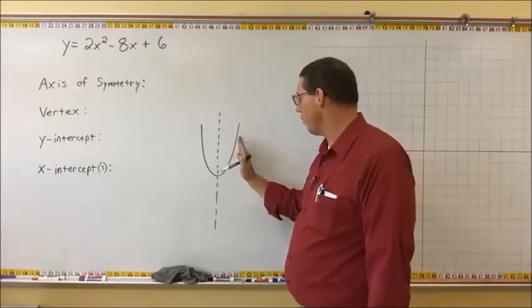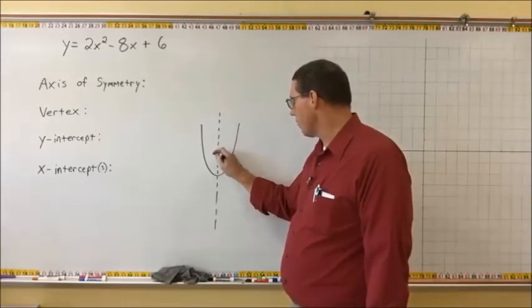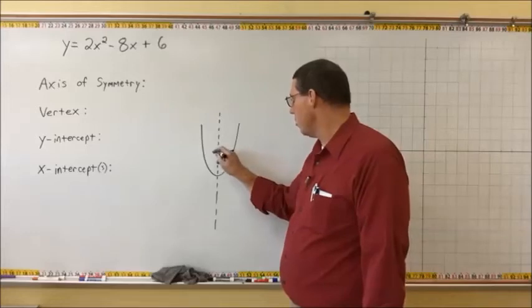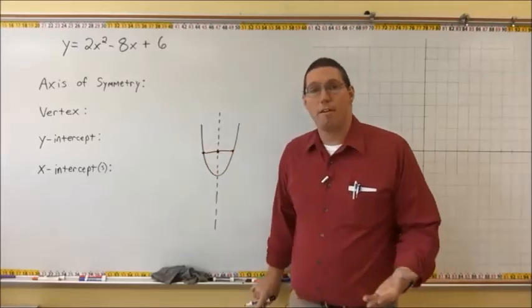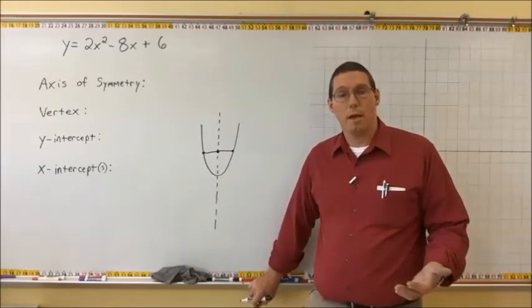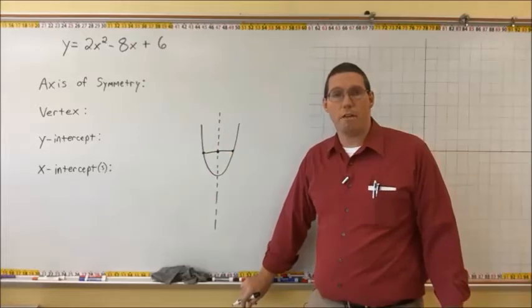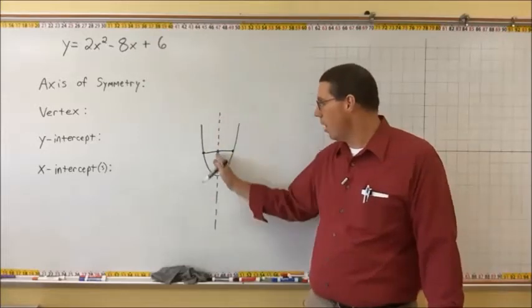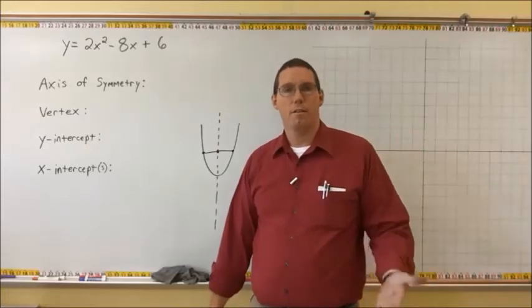And every point over here is equally spaced, so the distance from here to here is equal to the distance from here to here. Okay? That means that the graph is symmetrical. It is equal on the right side as it is on the left side of the graph. And so that middle line, we call that the axis of symmetry.